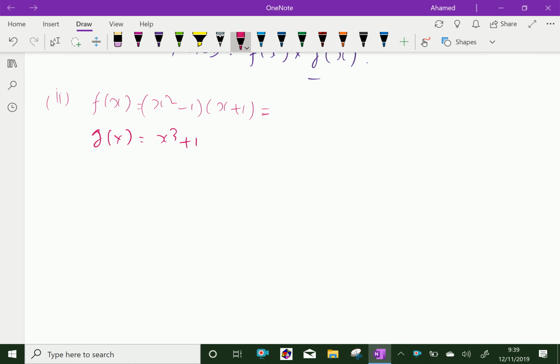Here x square minus 1 we can take as it is. Here x cube plus 1.